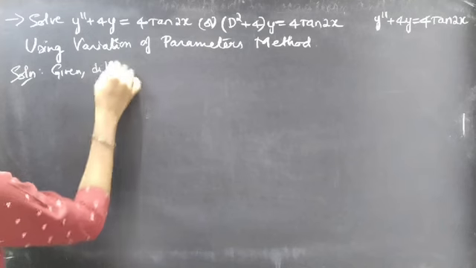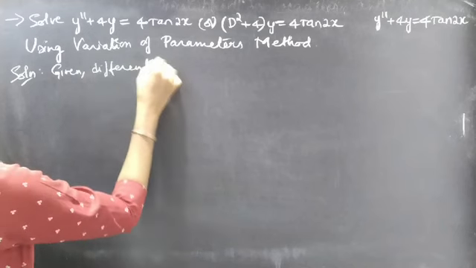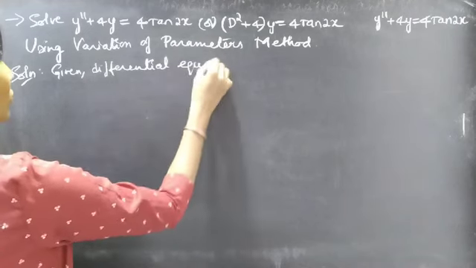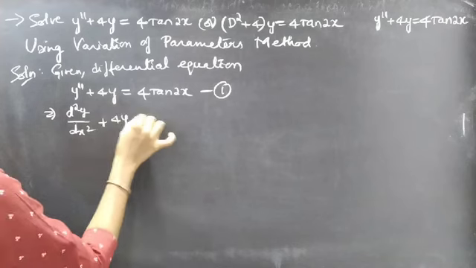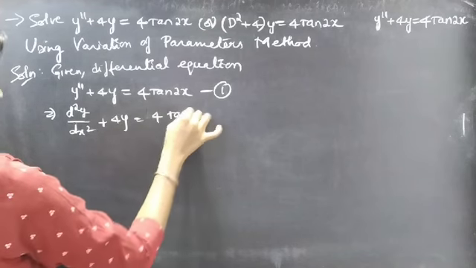Given differential equation, y double dash plus 4y equal to 4 tan 2x, considered as equation 1, or we can write y double dash as d square y by dx square plus 4y equal to 4 tan 2x.